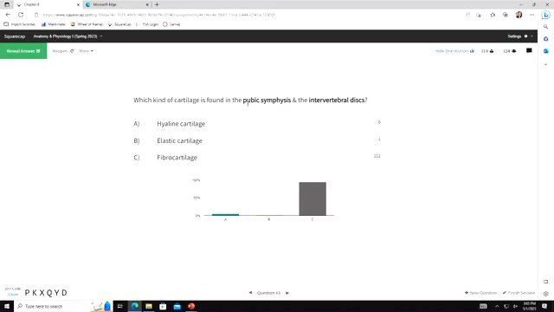My pubic symphysis, the halves of my pelvis, need to be held together well, fibrocartilage. If we know those things, by the way, the two kinds of cartilage, remember that that's what made a symphysis different from a synchondrosis. So if you see a question asking about one of these places, if you can remember which kind of cartilage is there, you can get to the name of that kind of joint.